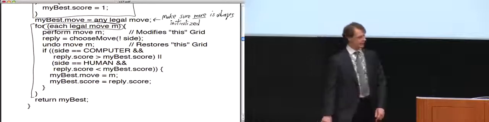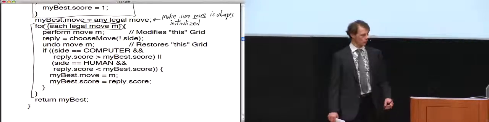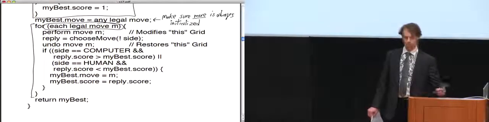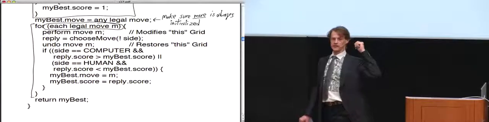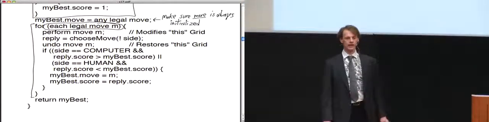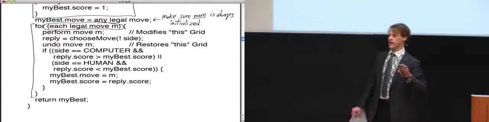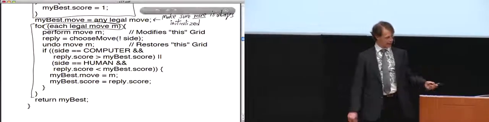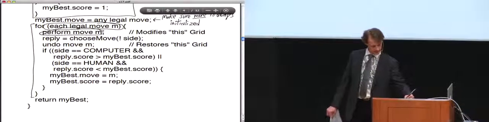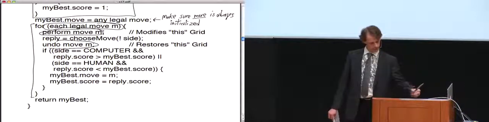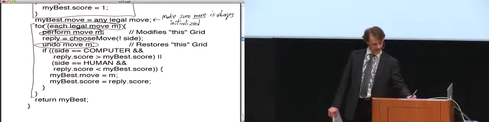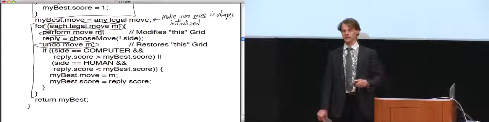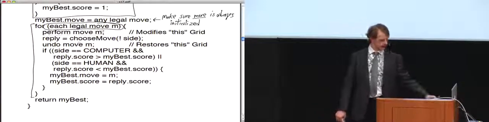And to assign things a score, the way this code is set up is, because it's slow to copy the entire grid, we're just going to have one tic-tac-toe grid object, and we're actually going to modify it so we perform the move, but then we unmodify it after we've computed its score, which brings us back to the current grid.